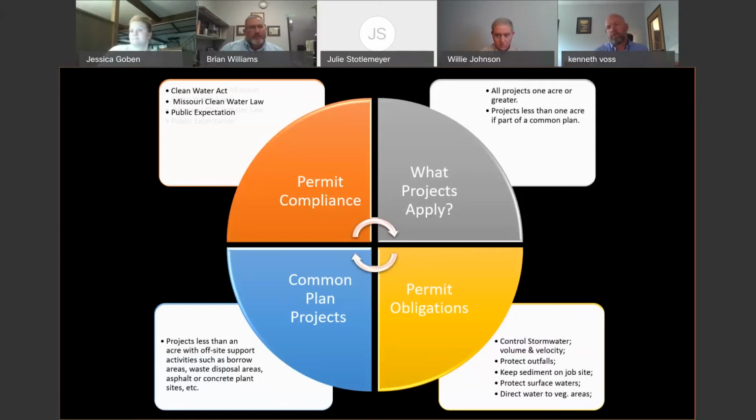For projects less than 1 acre with off-site support activities, and those support activities being concrete or asphalt plants, borrow sites, waste disposal sites, equipment areas, any of those support activities that are off MoDOT right-of-way and in the control of the contractor, all have to be considered when we're looking at whether a project has to go under permit obligation or not.